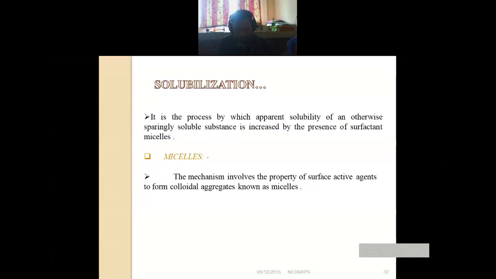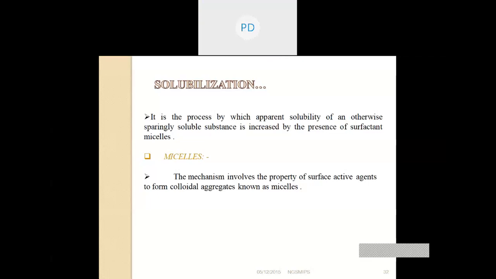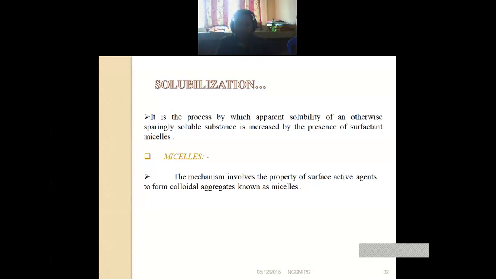They do not solubilize very easily. They are very difficult to solubilize. Got it. So how can we increase the solubilization of these compounds? With the help of surfactant micelles.